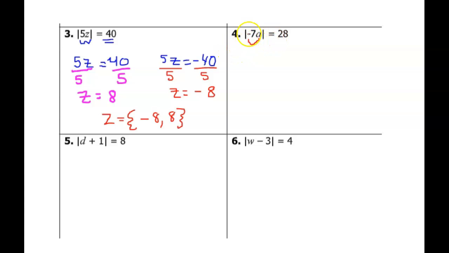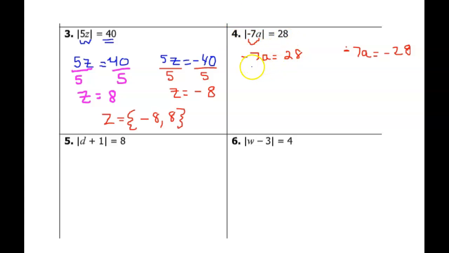Let's look at number 4. We're going to make sure the absolute value is by itself. We're good to go there. We're going to set what's inside equal to the positive of the other side of the equation, so +28, and then the negative, okay, -28. And then we solve both equations, which is step 2.